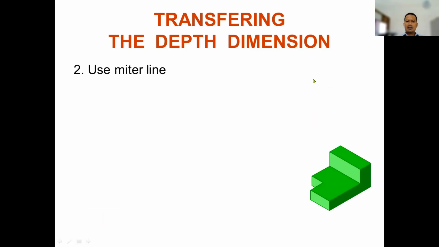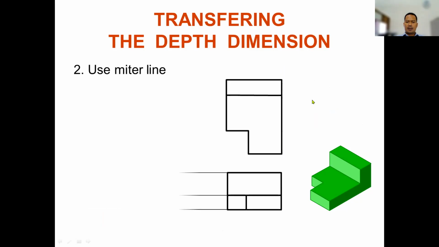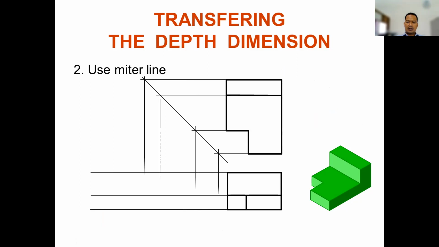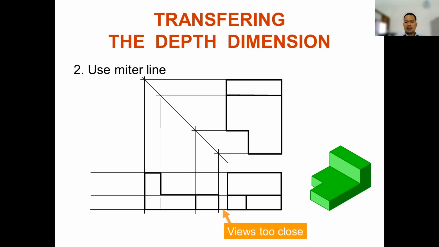And then the second, use the miter line. For example, you make a line with 45 degrees, and then continue the horizontal line, and then vertical line, then you will get the projection.